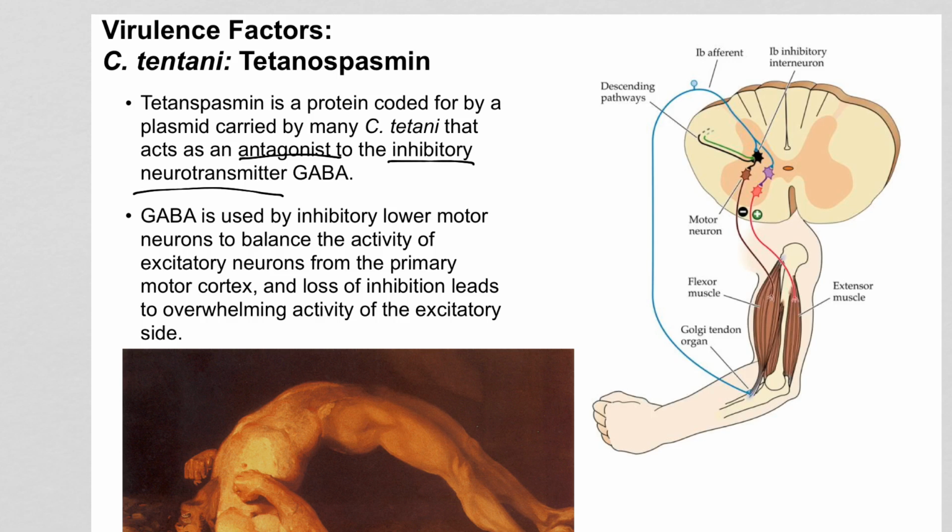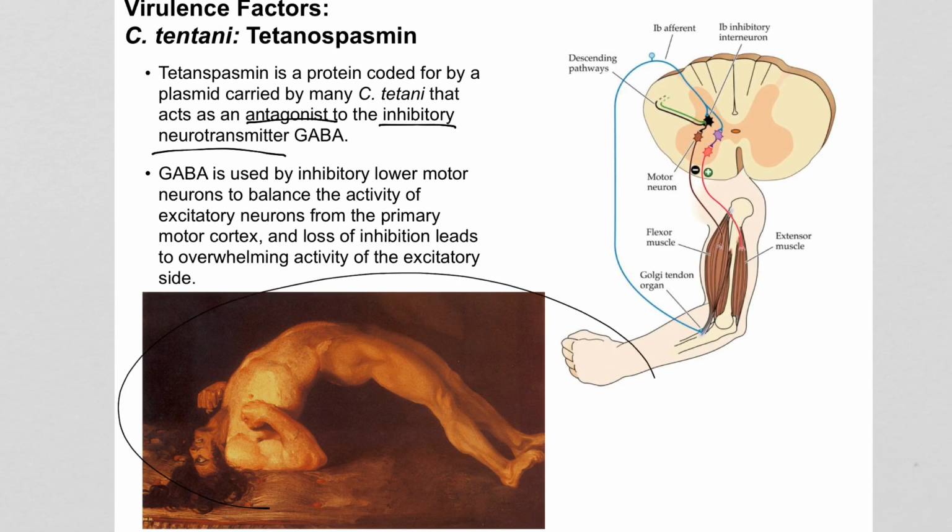And so the idea here is an antagonist is something that blocks the activity of a neurotransmitter. If you block an inhibitor, it's kind of like a double negative makes a positive, and you end up getting uncontrollable skeletal muscle activation. Okay? The excitatory signals just take over, and muscles contract so hard.